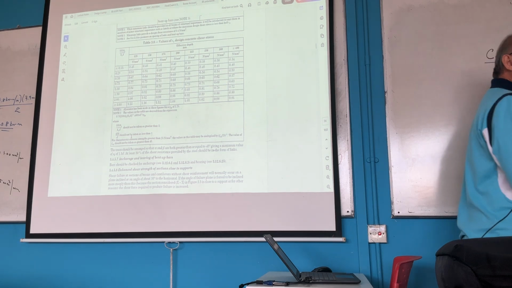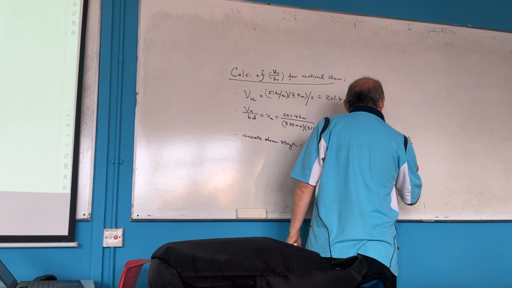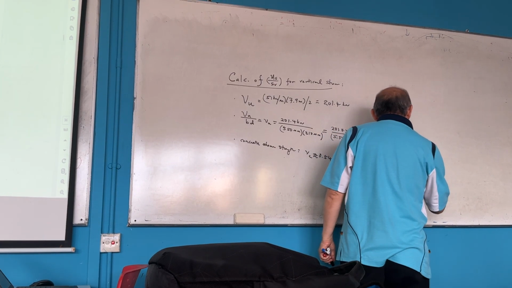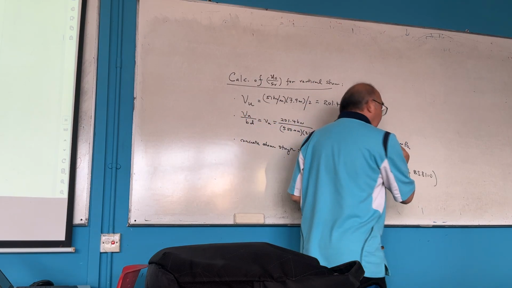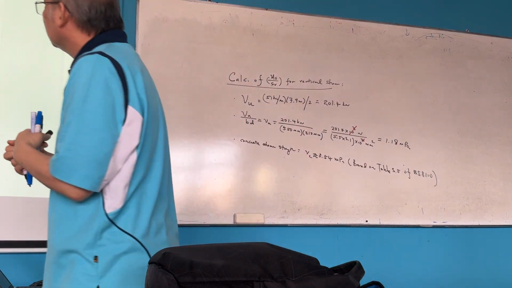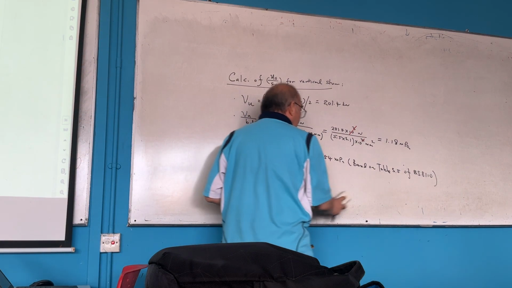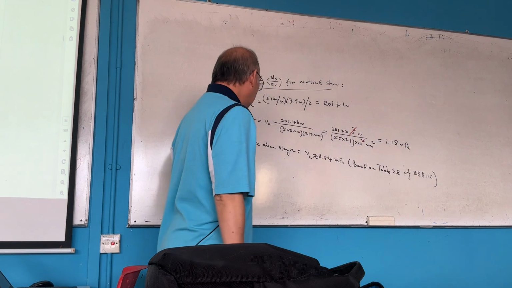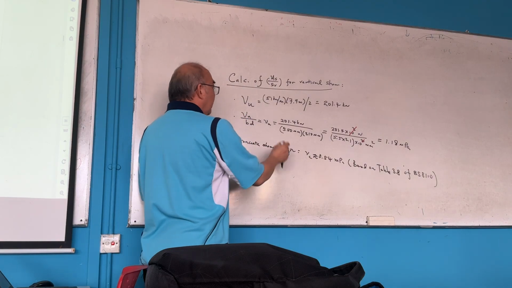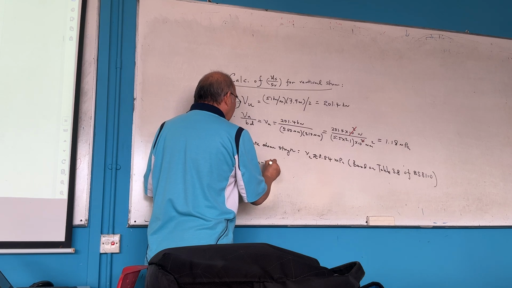This is based on Table 3.8 of BS 8110. Then we have the v, then vs is equal to vu minus vc.